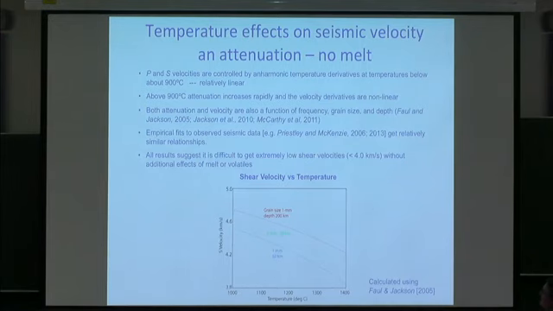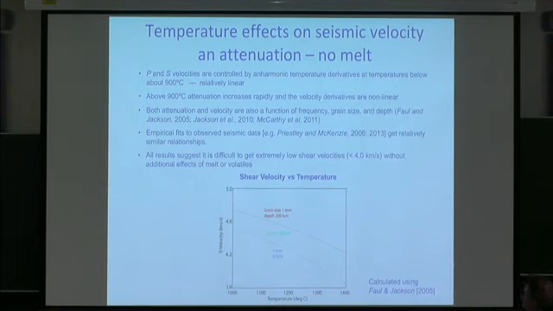This is the result of some results from Ian Jackson's group. And we think that the results are largely independent of the anelasticity at temperatures below about 900 degrees C. But as you get closer and closer to the solidus, then the anelastic effects become more and more important.